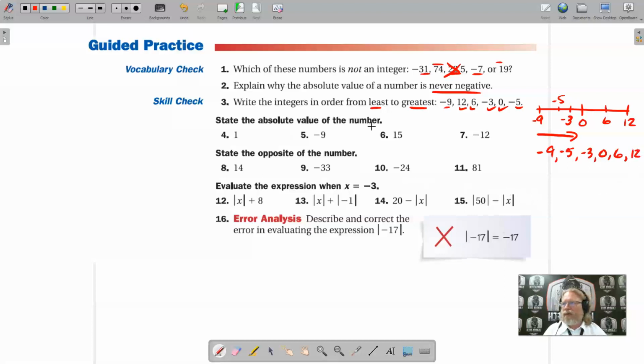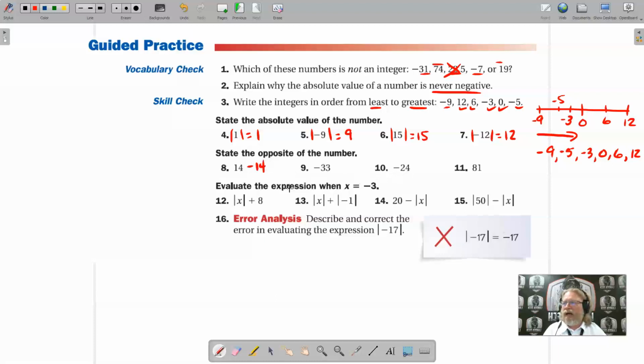Absolute value of each number. So absolute value of 1 equals 1. Absolute value of -9 equals 9. Absolute value of 15 equals 15. And the absolute value of -12 equals 12. It's just the same number. It just always comes out positive. What's the opposite? We're going to write the same number, but change the sign.